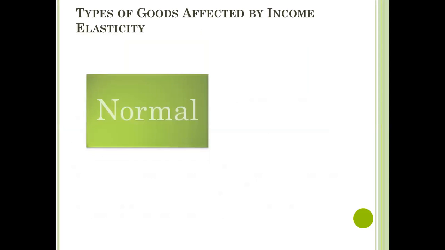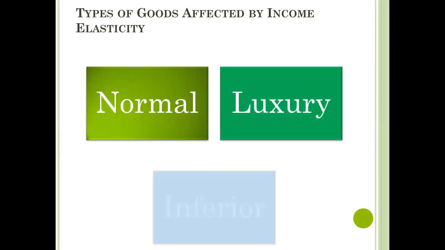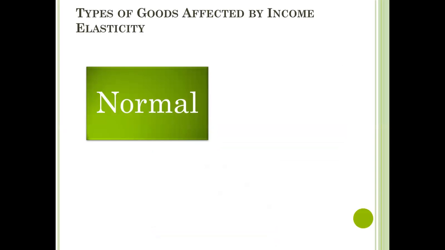We also have types of goods affected by income elasticity: the normal goods, the luxury goods, and the inferior goods. Normal goods have a positive income elasticity of demand, so if income rises, more is demanded at each price. There is an outward shift of the demand curve as well.